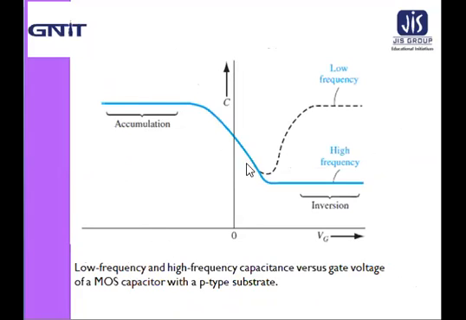In general, high frequency corresponds to a value on the order of 1 megahertz, and low frequency corresponds to the range of 5 to 100 hertz.